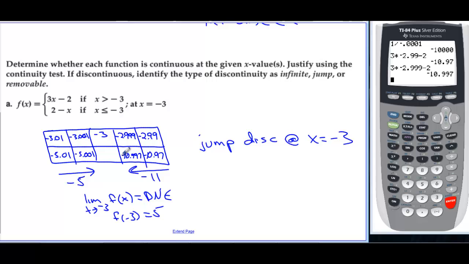Oh yeah, 5. This should be positive, shouldn't it? I'm sorry. 2 minus negative should be positive, not negative. When I plug that in, 2 minus negative 3 is positive 5. Those should have been positives, not negatives.